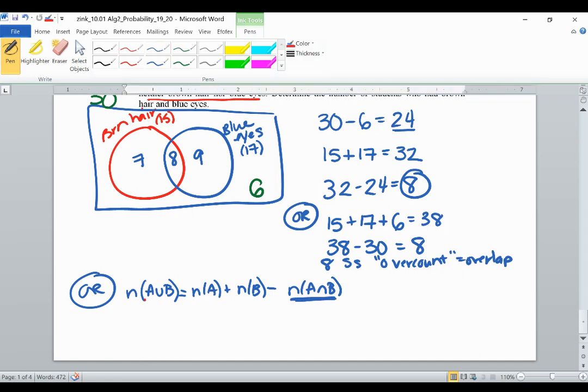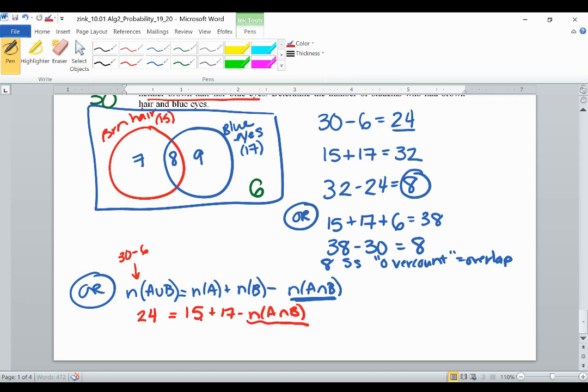So I know in my union, how many I have in the red and the blue circle, that's going to give me my 24. I know I have 15 in A, I have 17 in B, minus my intersection, and then I'm solving for this as if it was just an x.